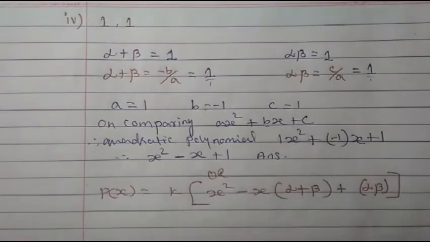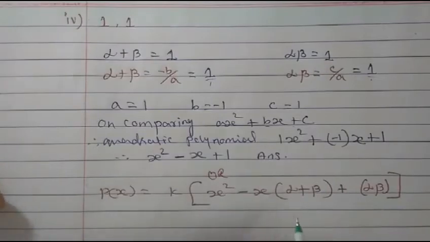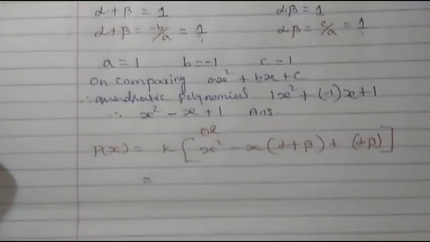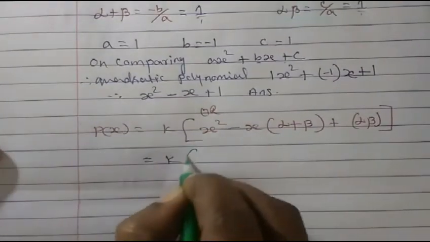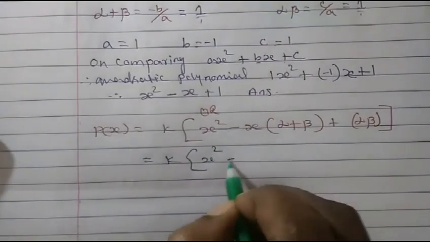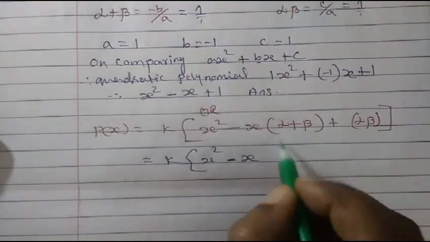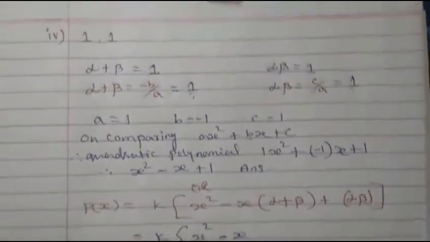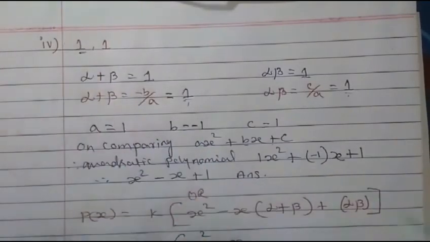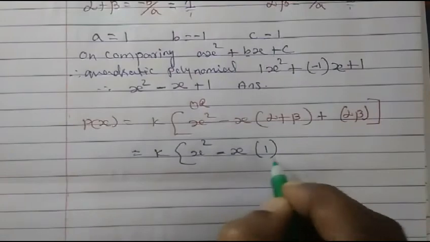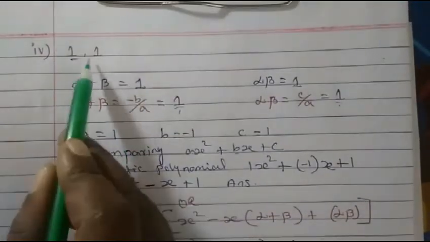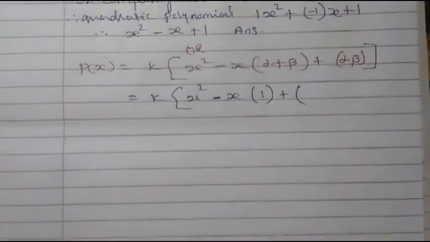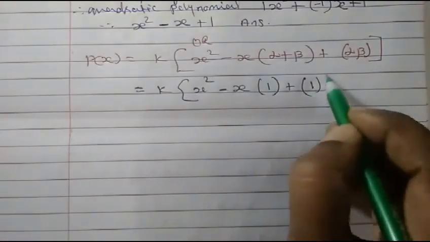So this is the identity method if you want to use it. x square minus x, the sum of the zeros is given to us as 1, so we'll write 1, plus the product of the zeros, which is also 1.